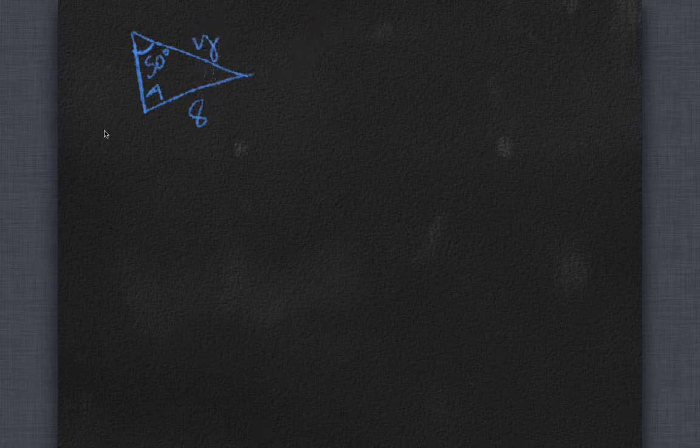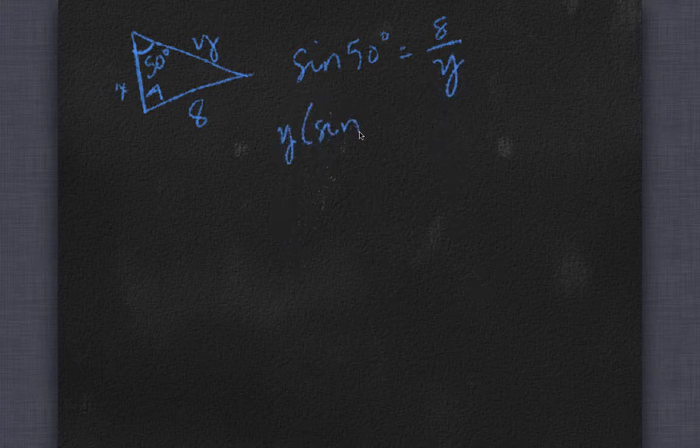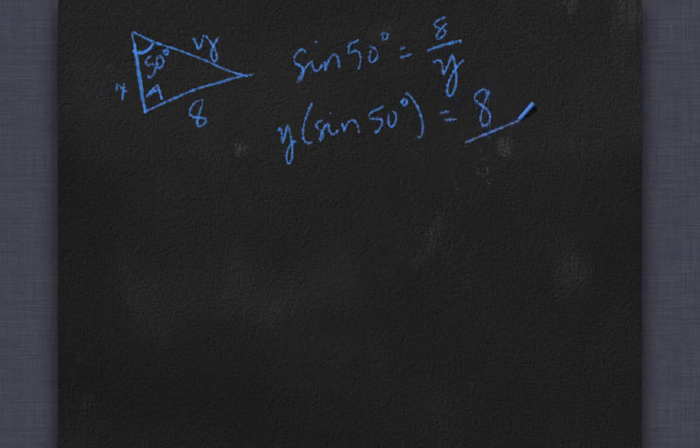So sine of 50 degrees is opposite over hypotenuse. Y times sine 50 equals 8.